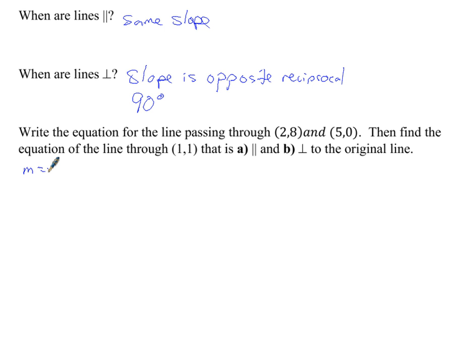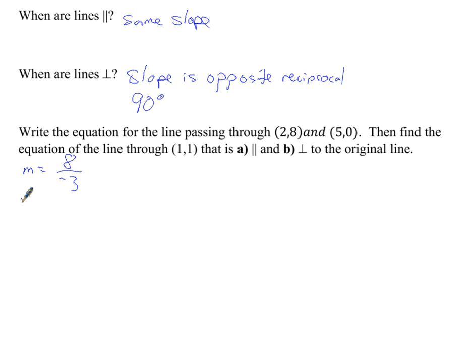So 8 minus 0 is 8. 2 minus 5 is negative 3. So my slope is negative 8/3. Yeah, it's a good one. Now what? Okay, so point slope form.